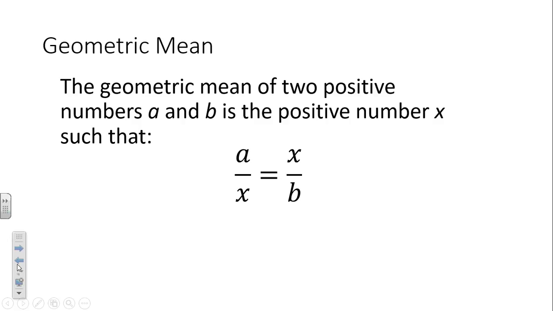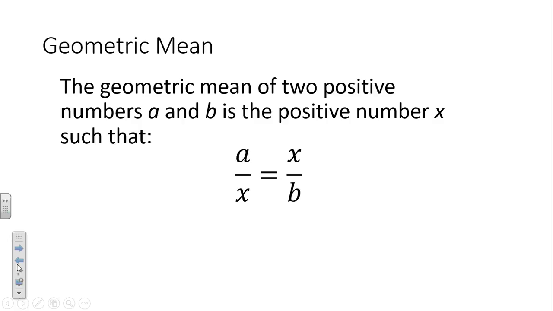So the geometric mean of 2 positive numbers, a and b, is the positive number x such that a over x equals x over b. So this is what we're writing in our first box. A over x equals x over b.